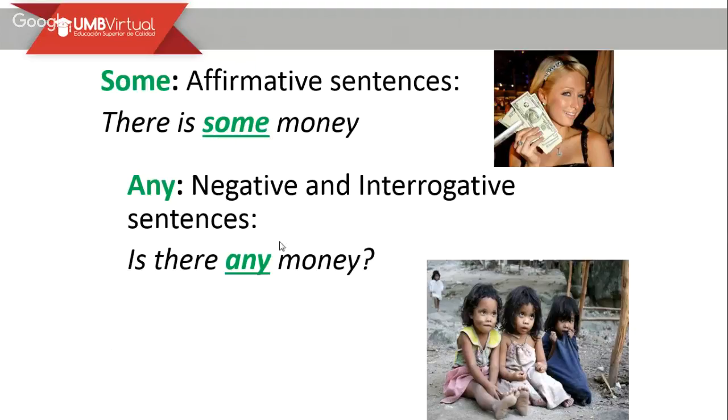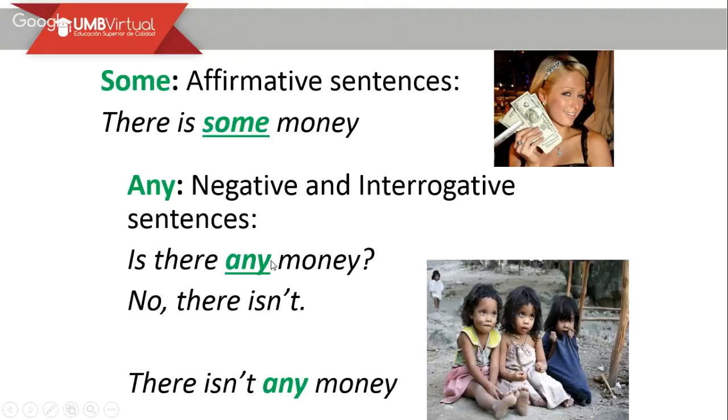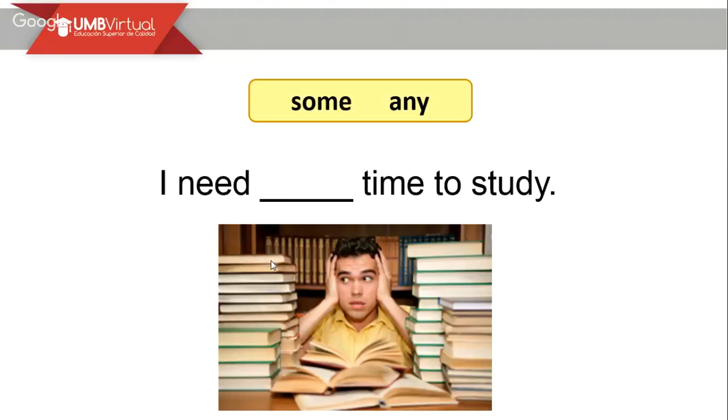For the negative and interrogative sentences, we're going to use any. It doesn't mean a specific word in Spanish, hay dinero, but we need to add it. So right here, necesitamos incluir esta palabra para decir hay dinero. There is any money, right? No, there isn't, or there isn't any money.